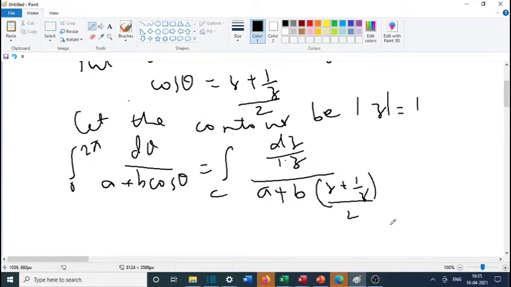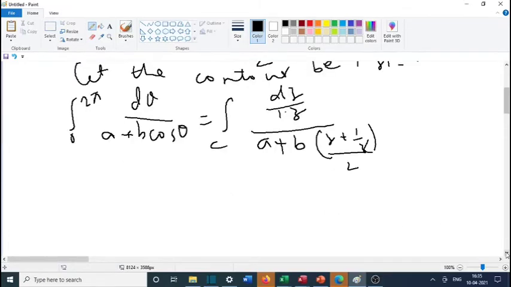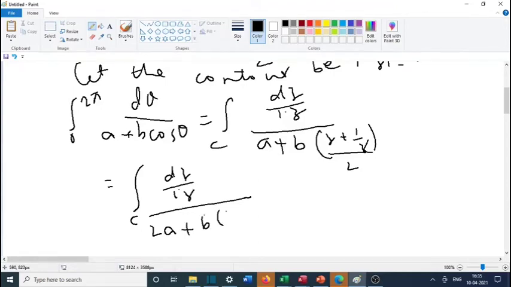Now we have to simplify this. This 2 we can multiply, so this is 2a plus b into z plus 1 by z all divided by 2. This 2 can go to the top, so this is 2 dz by iz.